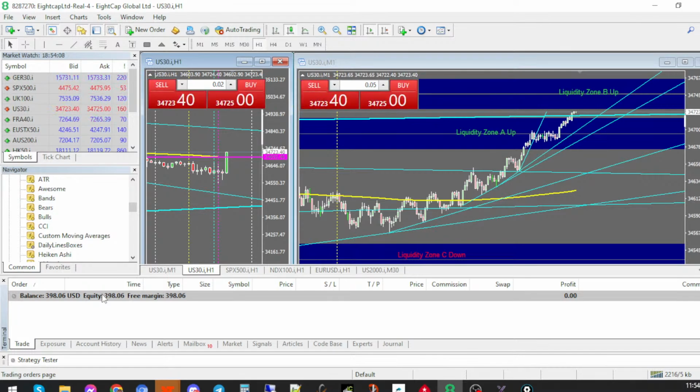Almost there. Once price hits that B zone, I'm going to put in my trend line for that B zone for the first break.